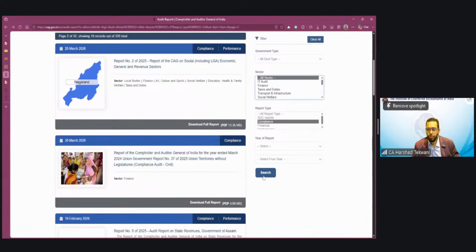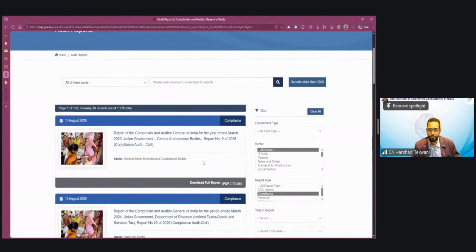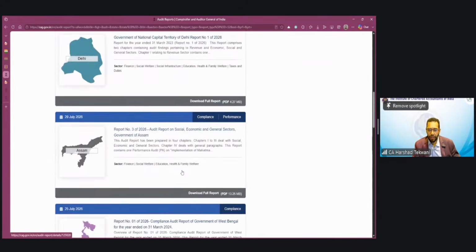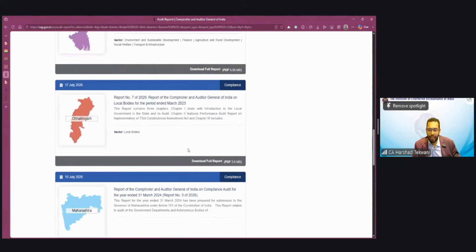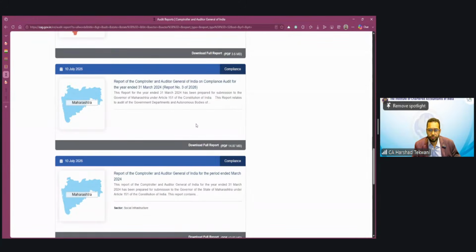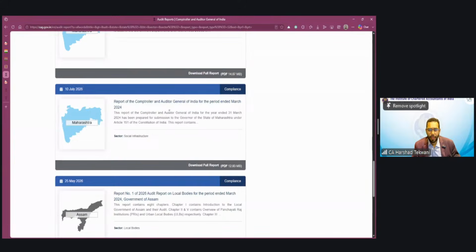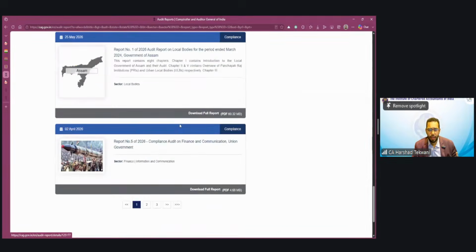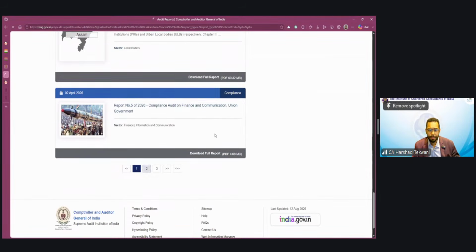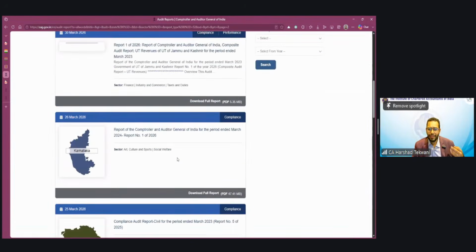So instead of only finances, let's see other compliance audit reports with respect to the bodies. Let us see some local body or some particular department, and on the basis of that we will be able to understand in much more detail.